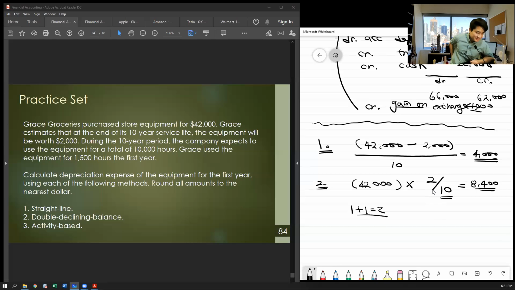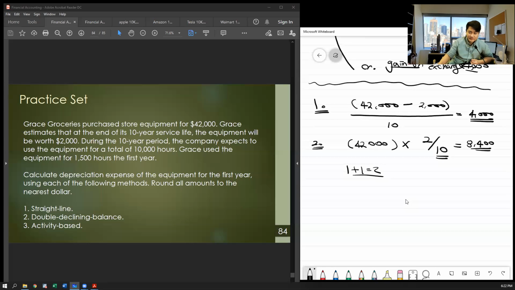Yeah, I think I kind of get it. It's just that if it's a 10-year thing, but you expect to only use it for 3 years, you want to depreciate the most amount early, right? So you use double declining. But if you think it will go for 10 years, then you use the straight line.